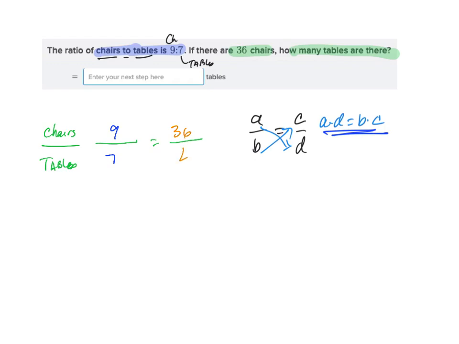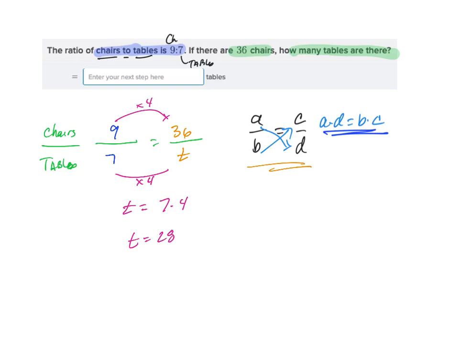And we've got to figure out how many tables we're going to have. Now for me on this one, I'm going to use scale factor, which I've taught in class, and say, well, 9 times 4 is 36. So T must equal 7 times 4, which means T equals 28.